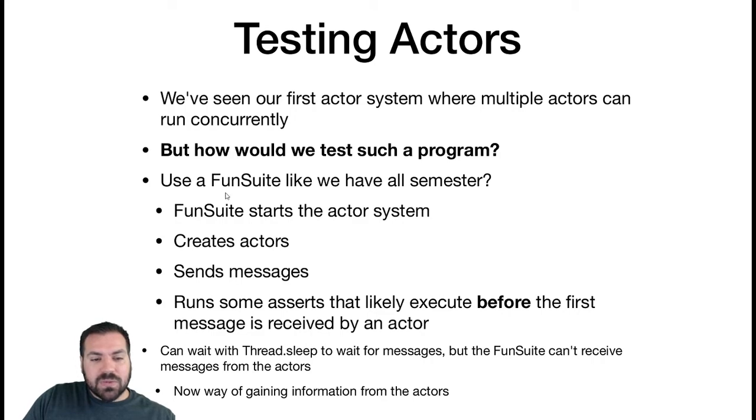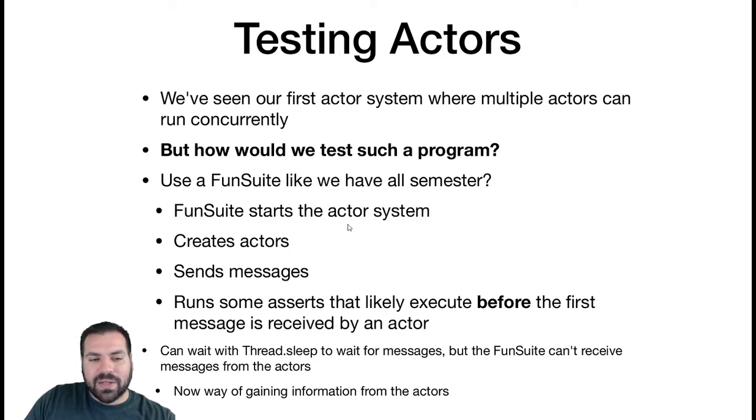If we used FunSuite, we would create a unit test, create our actor system, add actors to the system, send messages to those actors, and then have all our asserts. And the code is going to run sequentially. It's going to run all this code, send the messages, have the asserts, and we're probably going to execute those asserts before these messages ever arrive at the actors.